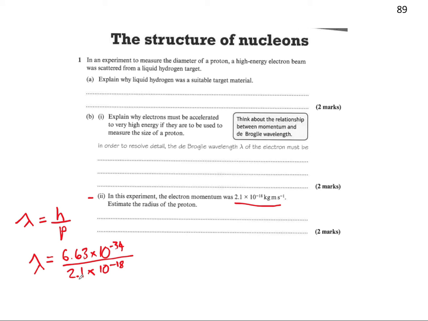The momentum was 2.1 times 10 to the negative 18. So the answer is 3.157 times 10 to the negative 16. Quickly check that they want us to have it in two significant figures, so that rounds up to 3.2 times 10 to the negative 16, to two significant figures, SF.